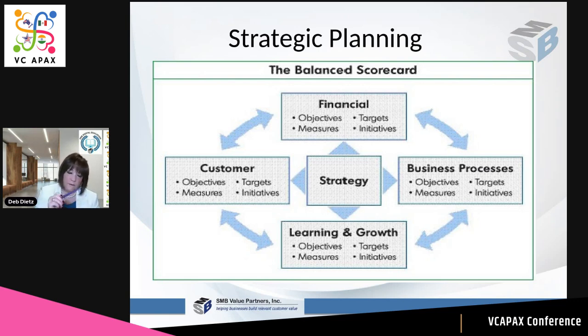Because each one of those strategies has an associated KPI, a performance metric that's associated with that initiative. So that key performance indicator, and at the end of the day, that employee knows what's going to happen.